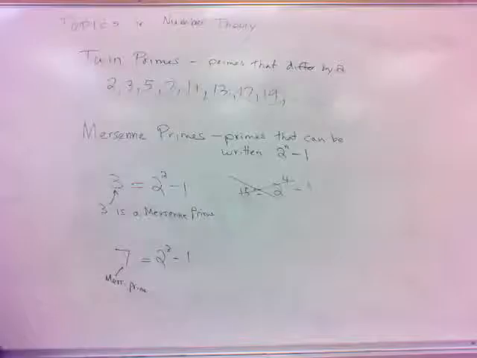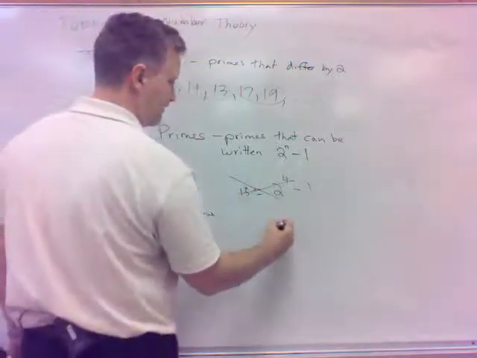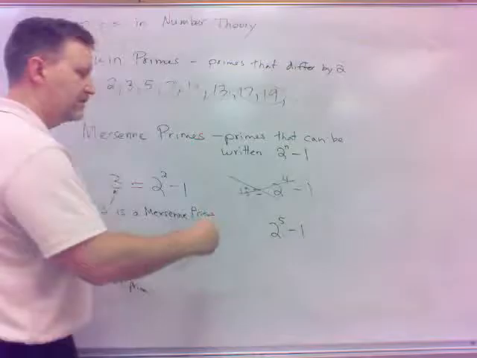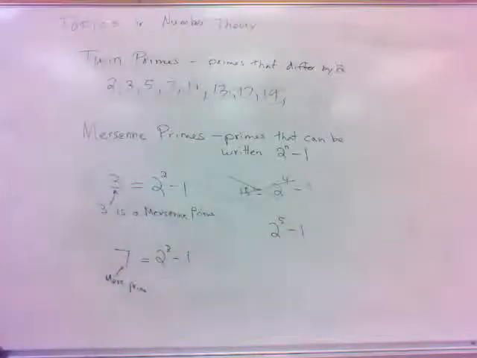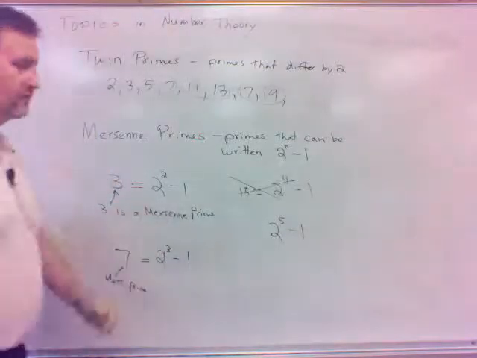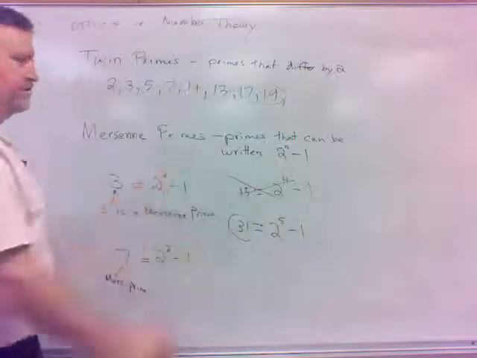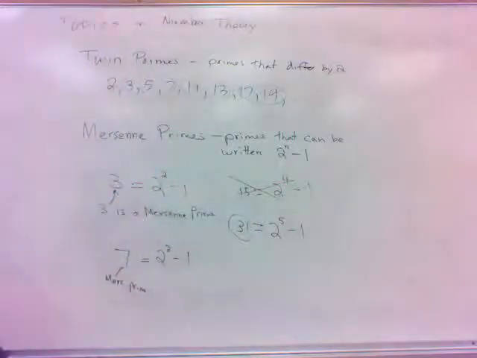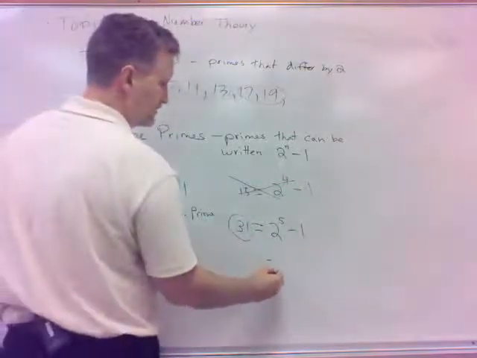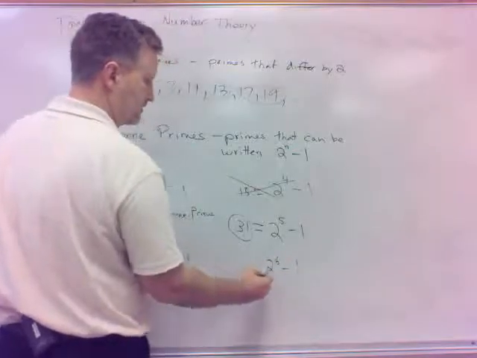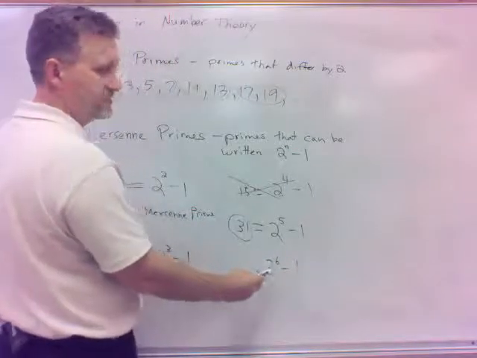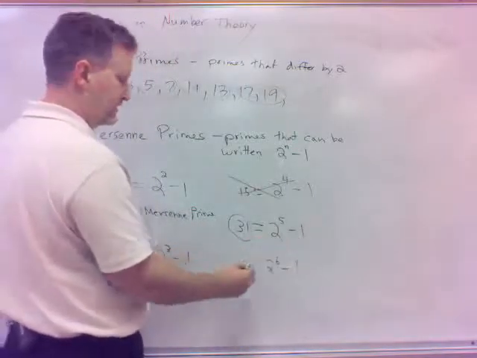So 15 is not. The next one, actually, go 2 to the 5th minus 1. 2 to the 5th is 32, and then minus 1 is 31, and it is on the prime number list, so there's another Mersenne prime. And let's go ahead and try 2 to the 6th minus 1. 2 to the 6th would be 64, and then minus 1 is 63.